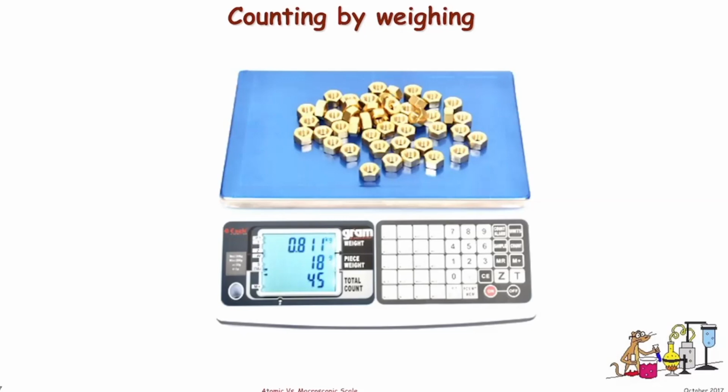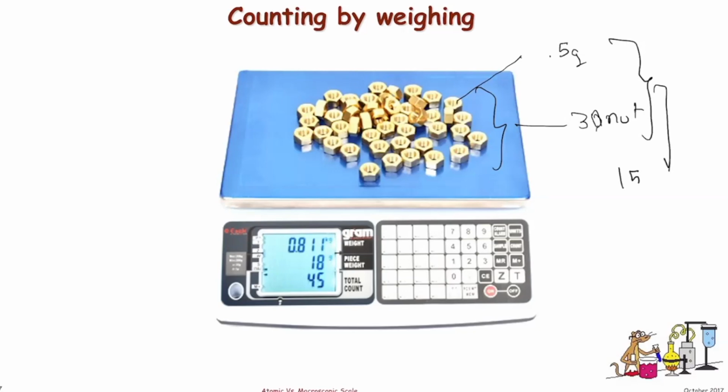If you have so many individual pieces and it'll take you forever to count them, there is an easier way to count them by just weighing them, as long as all those individual pieces have more or less the same mass, okay? If each one of these nuts weighs about 0.5 grams, and I have somewhere in the order of about 30 nuts, then that whole thing would weigh about 15 grams.